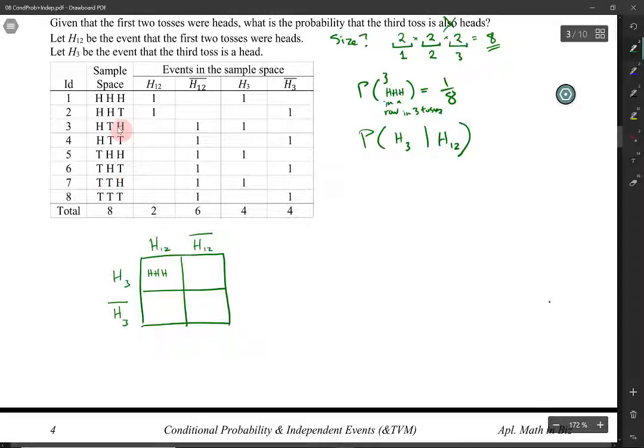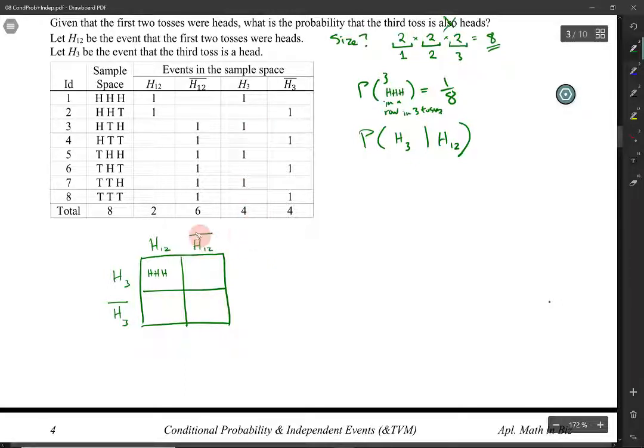Because here the third one is heads, 2, 3, right? So H3 would be the H3, right? Where is it that the third one is heads? So the third one is heads over there, the third one is heads over there, the third one is heads over there, and the third one is heads over there. So those are the 4 cases where the third one is heads.